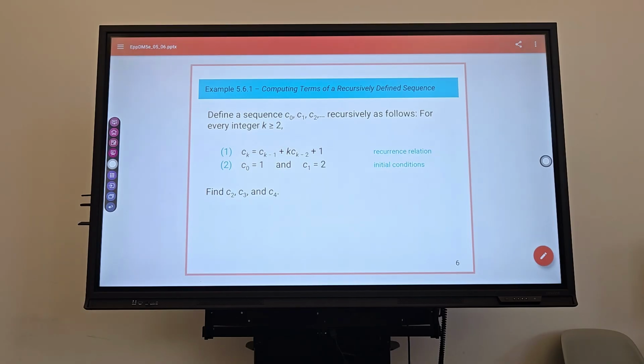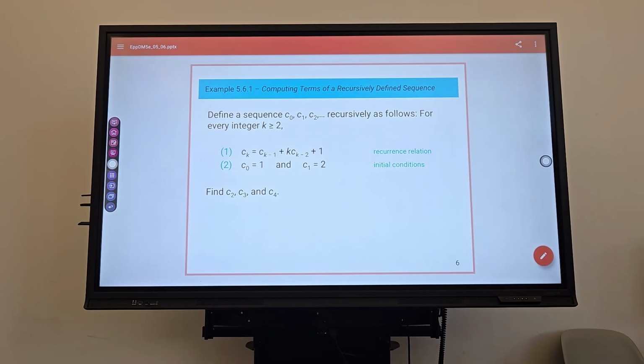Define a sequence C recursively as follows. For every integer k greater than or equal to 2, C sub k equals C sub k minus 1 plus k times C sub k minus 2 plus 1. C sub 0 is 1 and C sub 1 is 2.